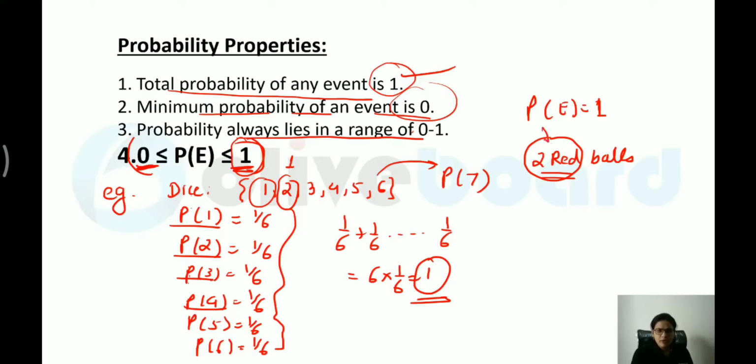So, what is the probability of getting a red ball? 100%, I am going to get red only. Why? Because there are only red balls. So what is the probability of getting red over here? 1. If I ask you what is the probability of getting a blue ball? Now there is no blue ball at all. That means the probability would be 0. Are you getting it? So this is the basic definition of probability.